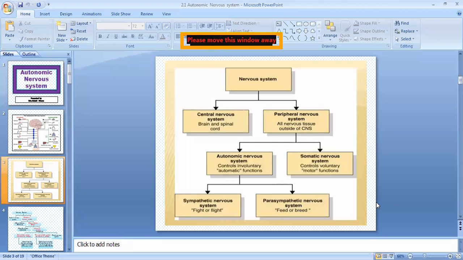So what type of responses are there in our body? See, our heartbeat is increased. We are running to protect ourselves from that tiger. We have dilated our eyes in order to protect us from that tiger.